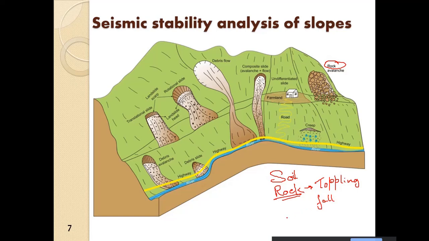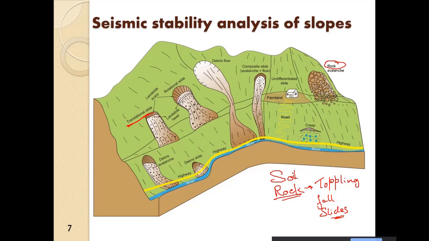Then there are rock slides also. And avalanche, when there are fissured rocks that roll over and there is a huge landslide. Similarly, we have translational slides when the soil is mostly cohesionless, or like a granular soil.